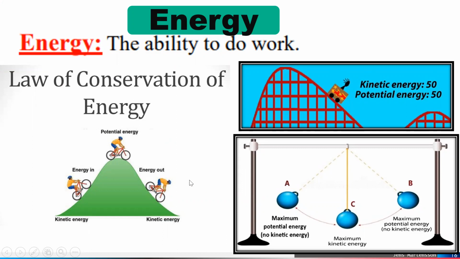Okay, here you have a lot of examples in your diagrams or photos. As you see, this man is climbing a cliff, and he has lower potential energy at the bottom of the cliff.